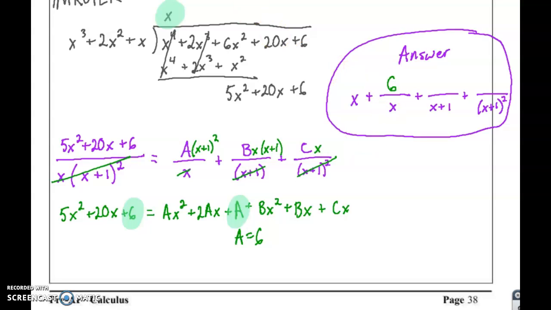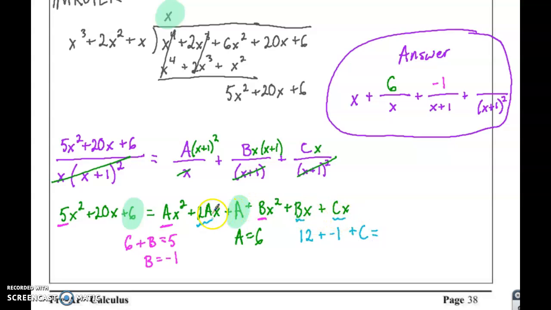Then probably the next thing I would look at is the fact that a and b are the only two x squared terms, which we know a is 6, plus b has to equal the x squared term, which is 5, so subtract 6 over. B must equal -1. And there's only one piece left to find, and that's the c value, which is not as easy, but 2 times a, so 2 times 6 would be 12, plus the b term, which is -1, plus the c term, right there.